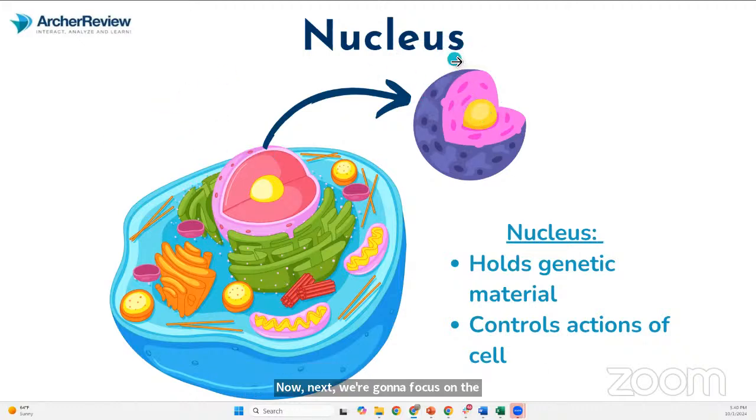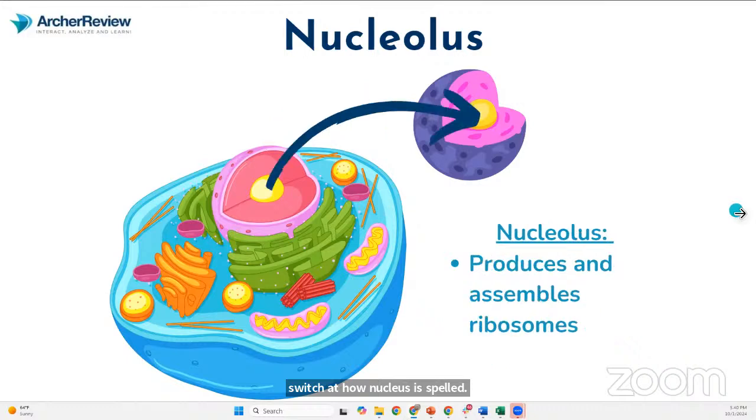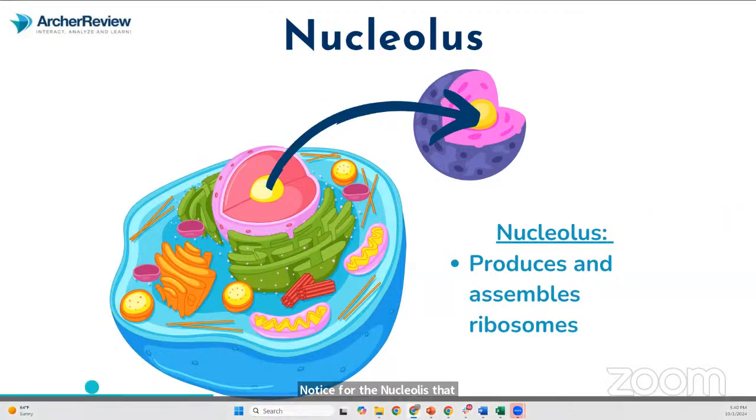Now, next, we're going to focus on the nucleolus, that center component. I want you to look closely at how nucleus is spelled. Nucleus. Notice for the nucleolus that it's got that word Leo in the center of it.